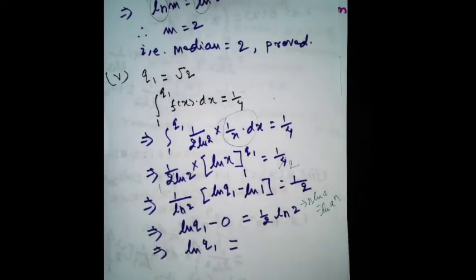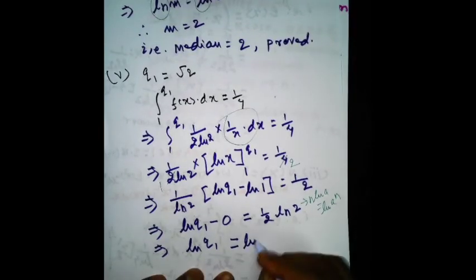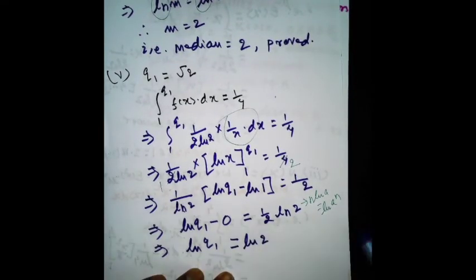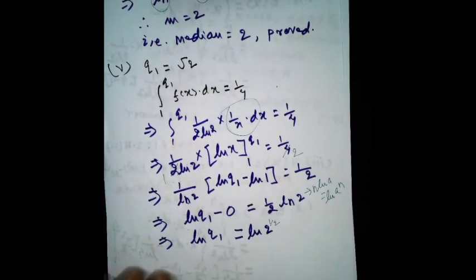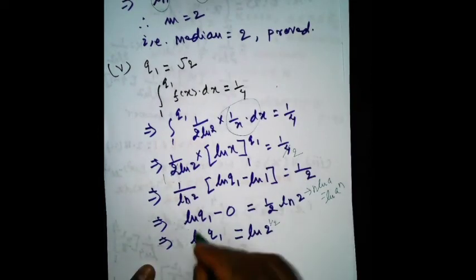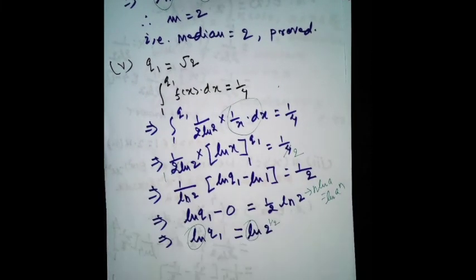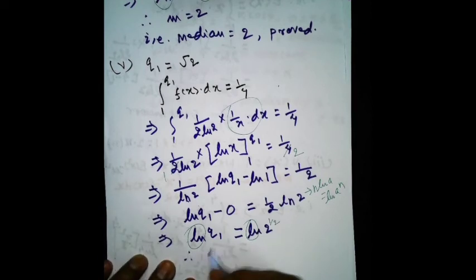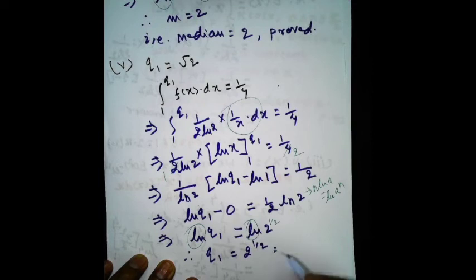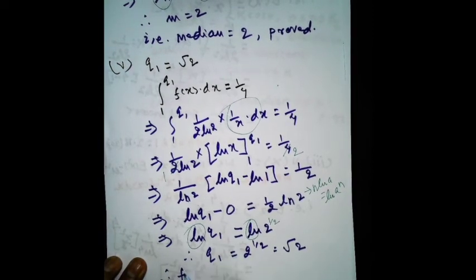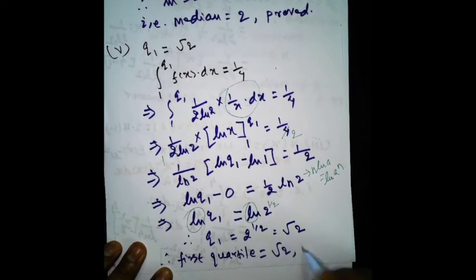If you apply the same rule over here, it's going to be ln 2 to the power half, that is 1 by 2. And now from both sides you can eliminate ln and ln. So therefore you are left with q1 equals 2 to the power half, that means root 2. Therefore the first quartile is root 2, and hence it is proved.